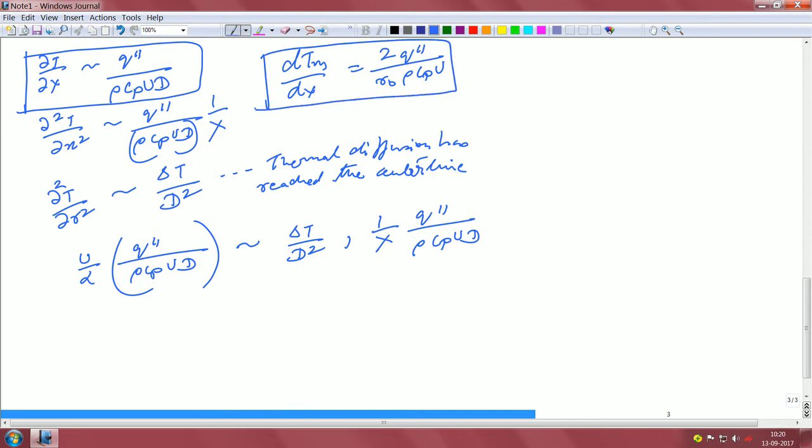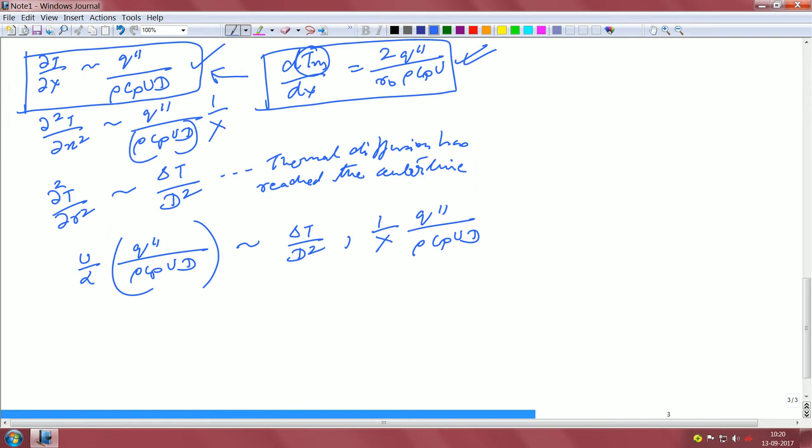This was already pre-given, right. So, we are utilizing that to find out what the scales of this particular factor are going to be, because the mean temperature gradient is also similar to the axial temperature gradient. dTm/dx has taken care of only the radial part; axial variation is still there. That is exactly what we have used in this particular scaling, which we already did earlier.